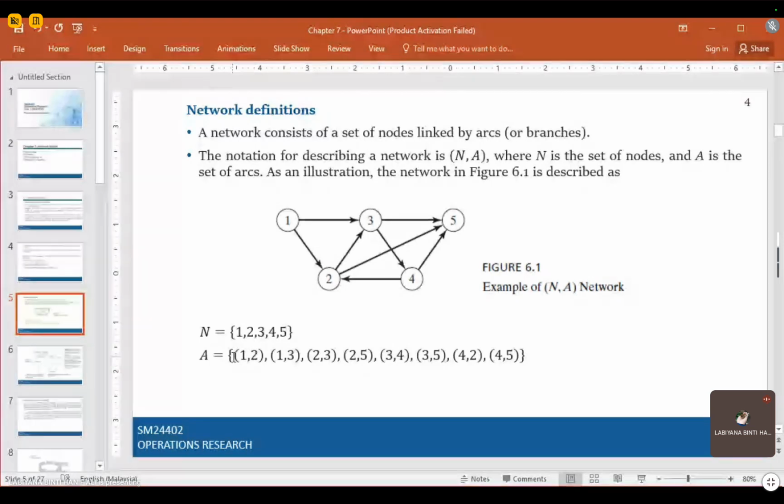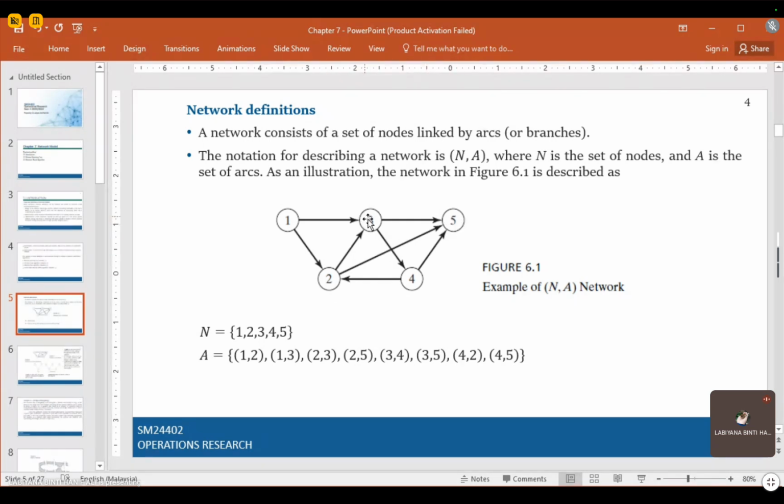In this set, we will have several arcs. The first arc connects the first node to the second, so we have (1, 2). The second one is (1, 3), connecting node 1 to node 3. The third one (2, 3), connecting 2 to 3. (2, 5) between node 2 and node 5.